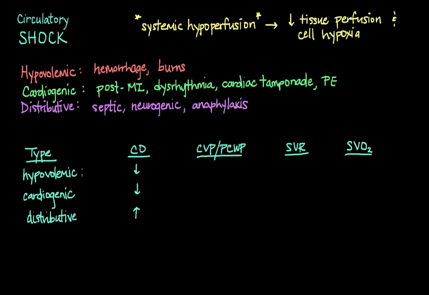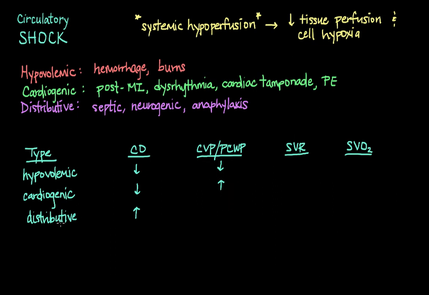Now the CVP in hypovolemic shock is going to be decreased because again, you have decreased volume of blood, and so the pressure exerted on the vena cava is going to be decreased. In cardiogenic shock, the CVP is actually increased. And that's because blood is not being effectively pumped by the heart, and it starts to back up, if you will, into the system, which means there's actually increased blood volume in the vena cava, and so the CVP will be increased.